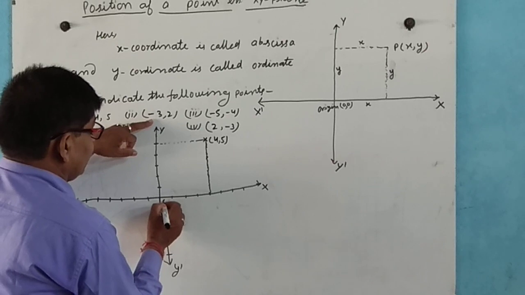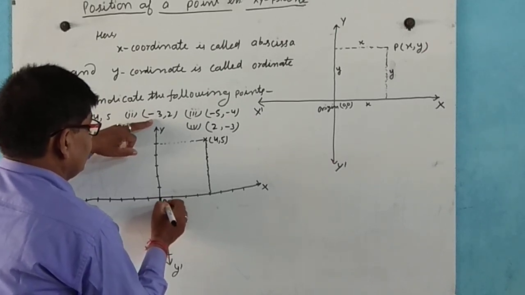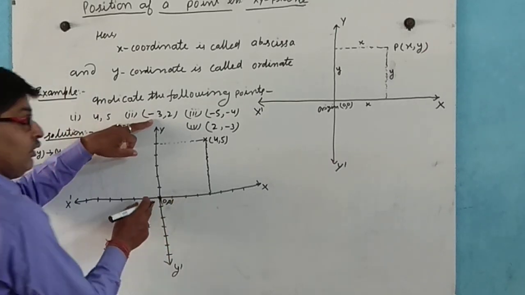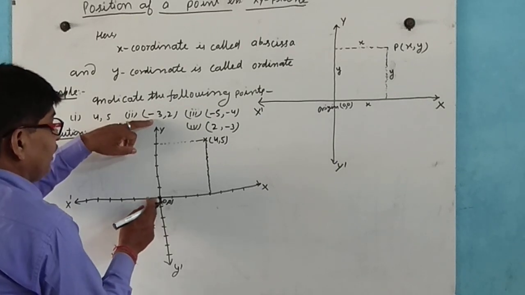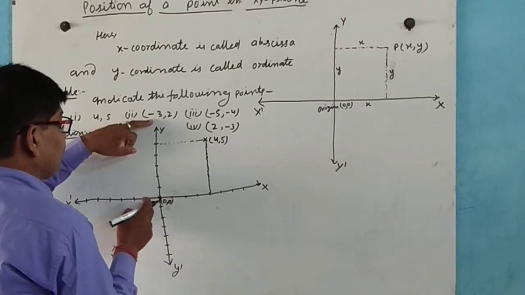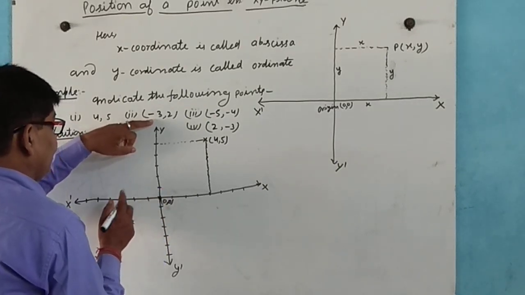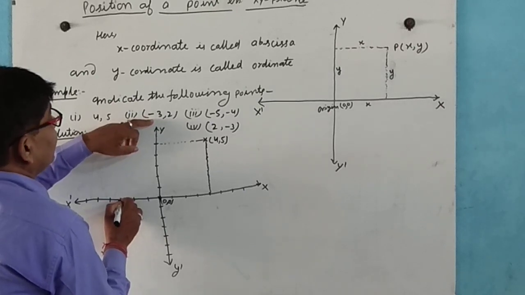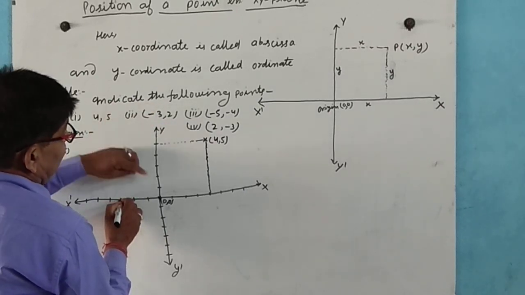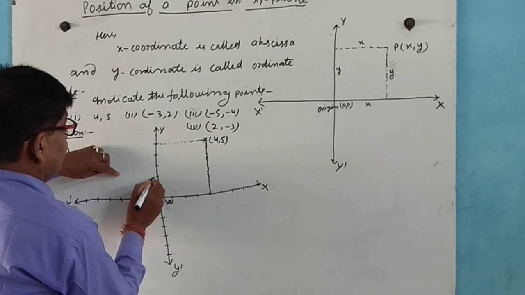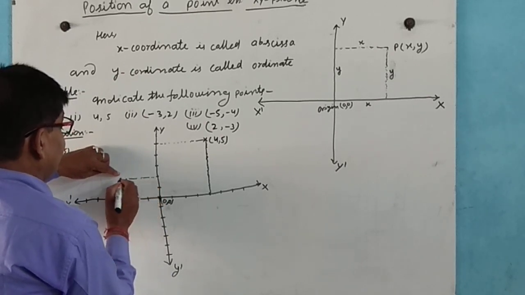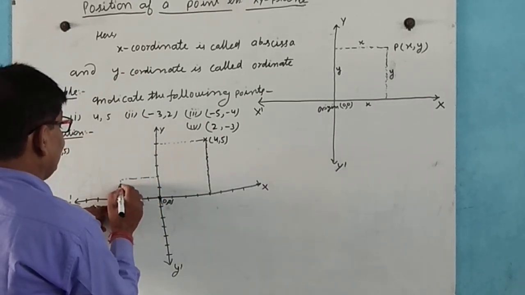Here this is the origin (0, 0), and we take minus 3 in the negative direction, 1, 2, 3. This point is (-3, 2), and up 1, 2.